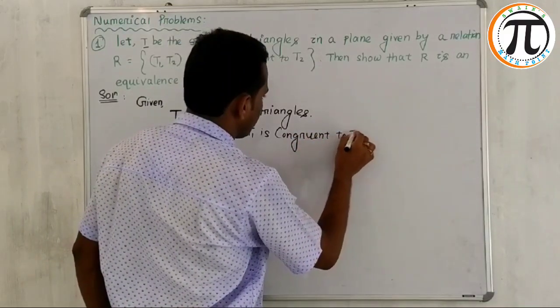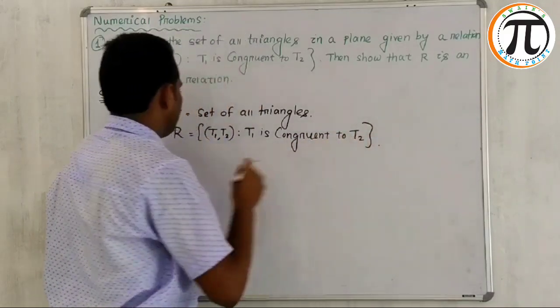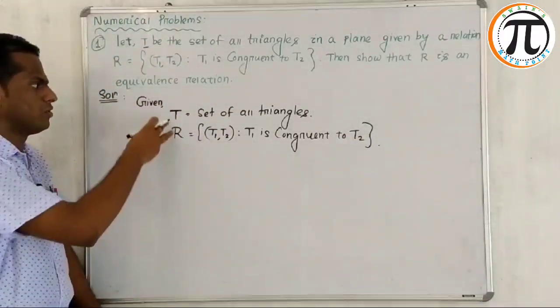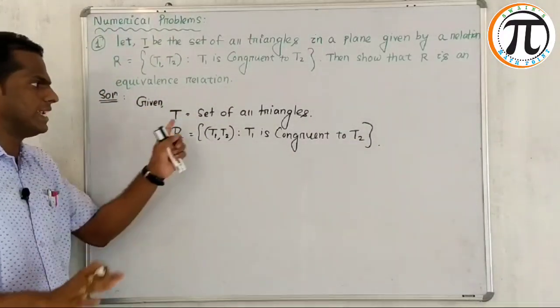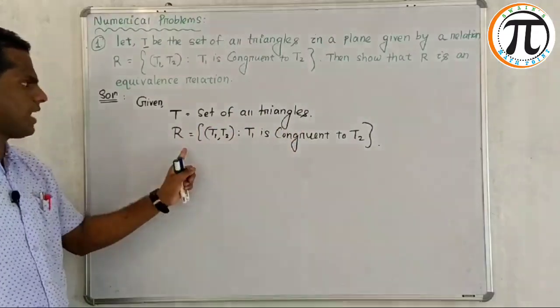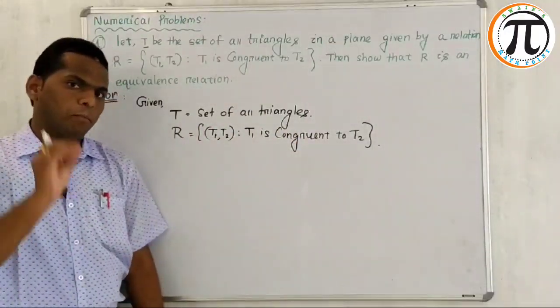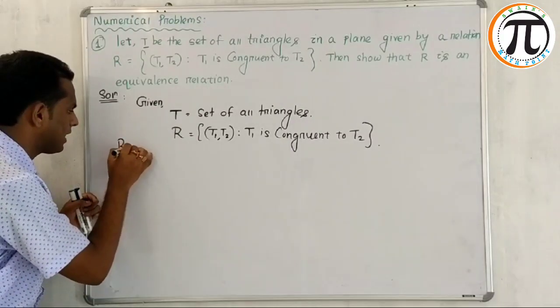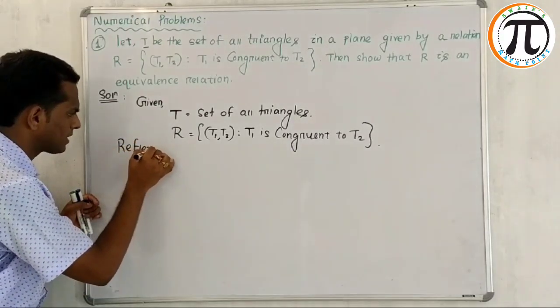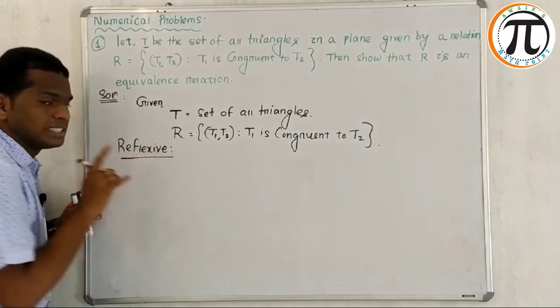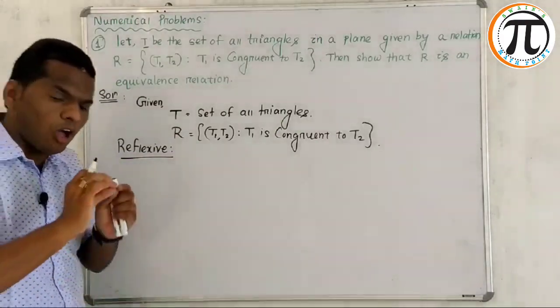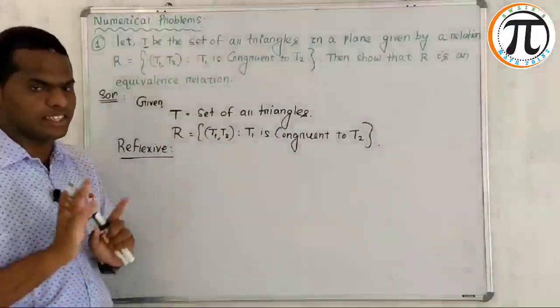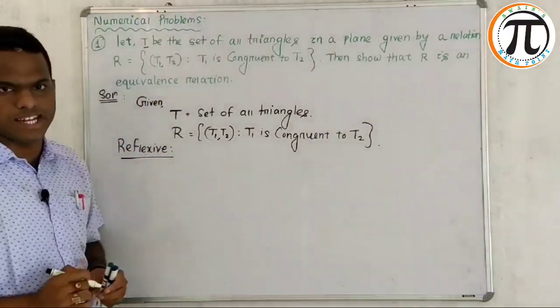Two things are given: T is the set of all triangles in a plane, and R is this relation. You have to prove equivalence, so check reflexive first, then symmetric, then transitive. If all conditions are satisfied, then the given relation is an equivalence relation.